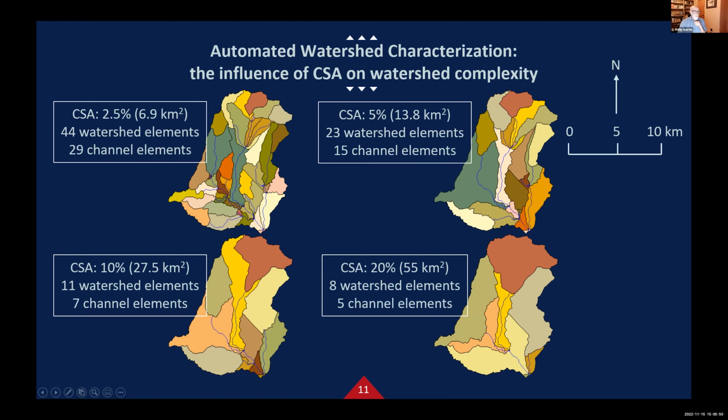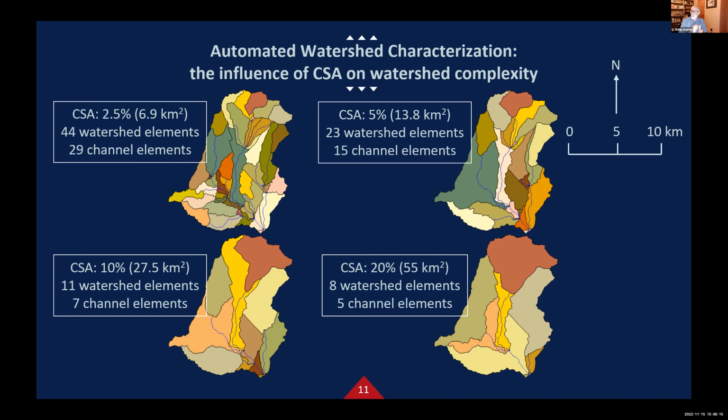This would have a really big impact on how a watershed would respond. With the 2.5%, it's really dominated by the channel. It's very well drained, and the channels have a really big influence on your response, compared to the 20%, where you have these really big sub-watersheds with no channels.